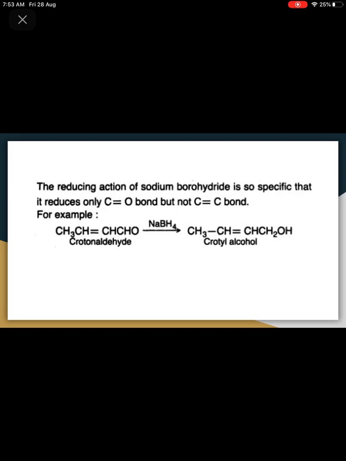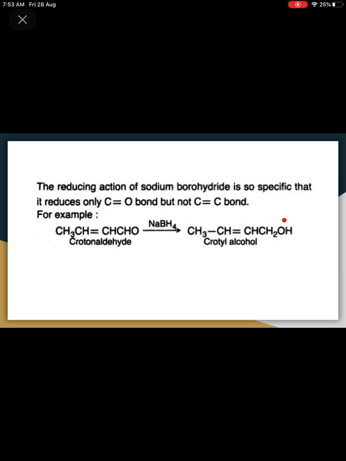The reducing action of sodium borohydride is so specific that it reduces only the carbonyl bond but not the carbon-carbon double bond. So this is crotonaldehyde, which contains a double bond as well as a carbonyl group. So this NaBH4 will reduce only the carbonyl group to what?